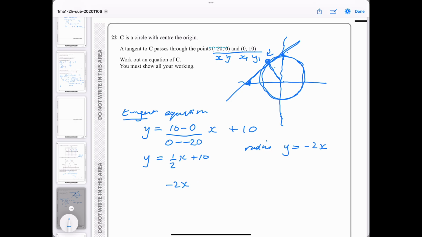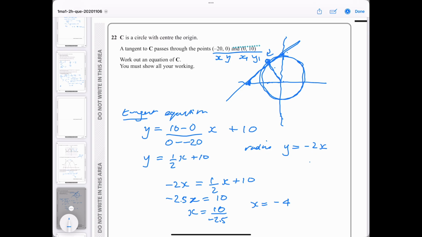So if y equals minus 2x and y equals half x plus 10, that will give us what this x is going to be, and then we'll put it back in to get the y. So let's take off half x from both sides, so that's minus 2.5x equals 10. So x equals 10 over minus 2.5, so x equals minus 4, which actually makes sense because it is this way.